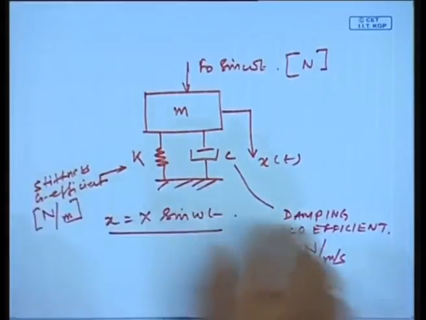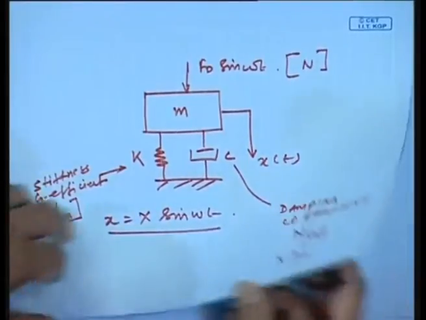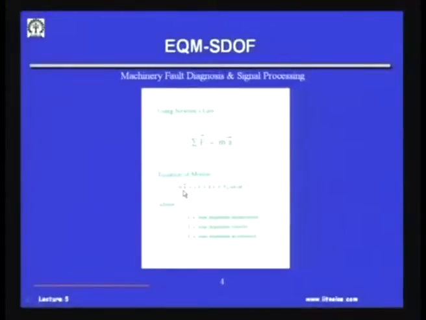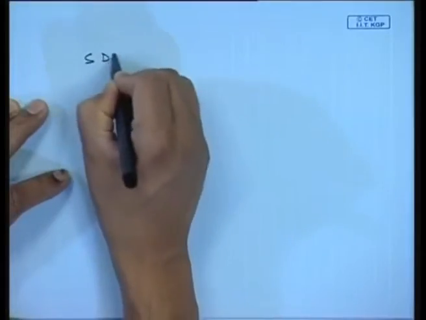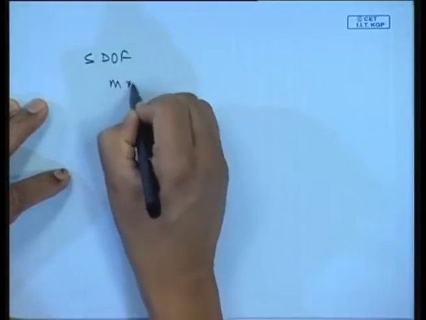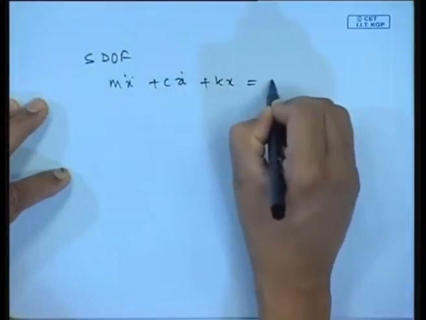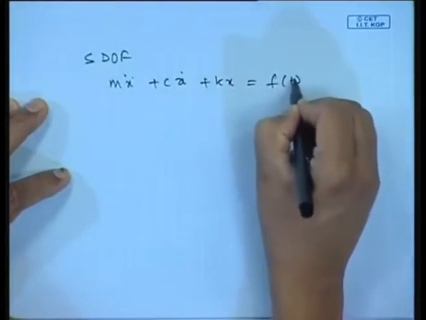So, from Newton's second law, we will come up with this equation of motion: m x double dot plus c x dot plus k x is equal to F0 sin omega t. This is the equation of motion for a single degree of freedom system, F(t).